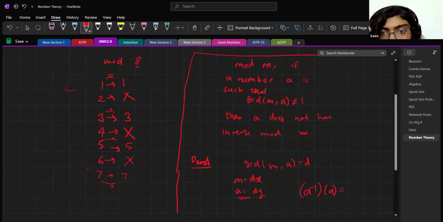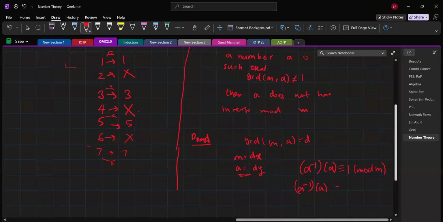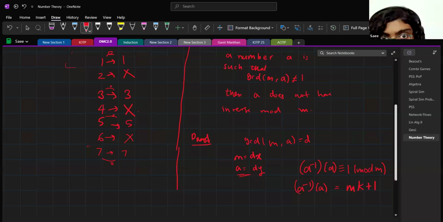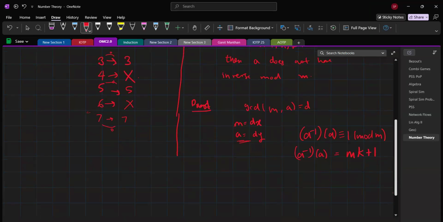But if something is 1 mod m, it means it's some multiple of m plus 1, so it's mk plus 1, right? Suppose a times a inverse is equal to mk plus 1.